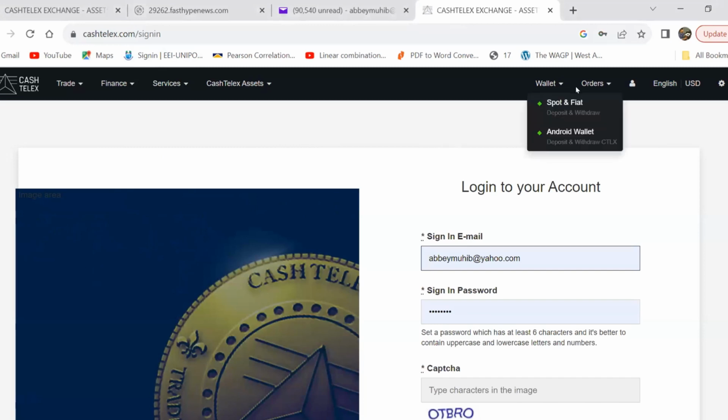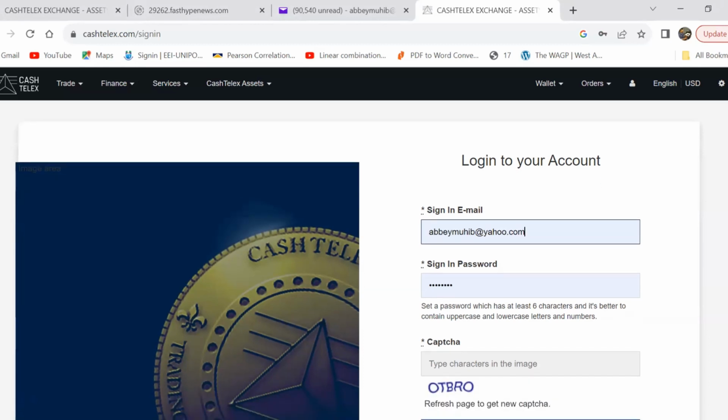Immediately after I click on sign in, it takes me to the next web page on the exchange, which is for you to log into your account. You will see some boxes named sign in email, sign in password, and captcha.